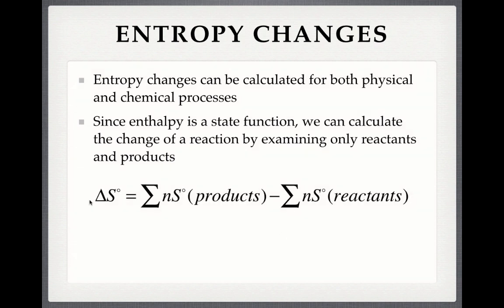And so we have an equation here very similar to what we used for enthalpy back in chapter 10. We say that the change in entropy for a process is going to be equal to the sum of the entropy of all the products minus the sum of the entropy of all the reactants. And these little n's here indicate that we would multiply a substance by its coefficient from the balanced reaction.